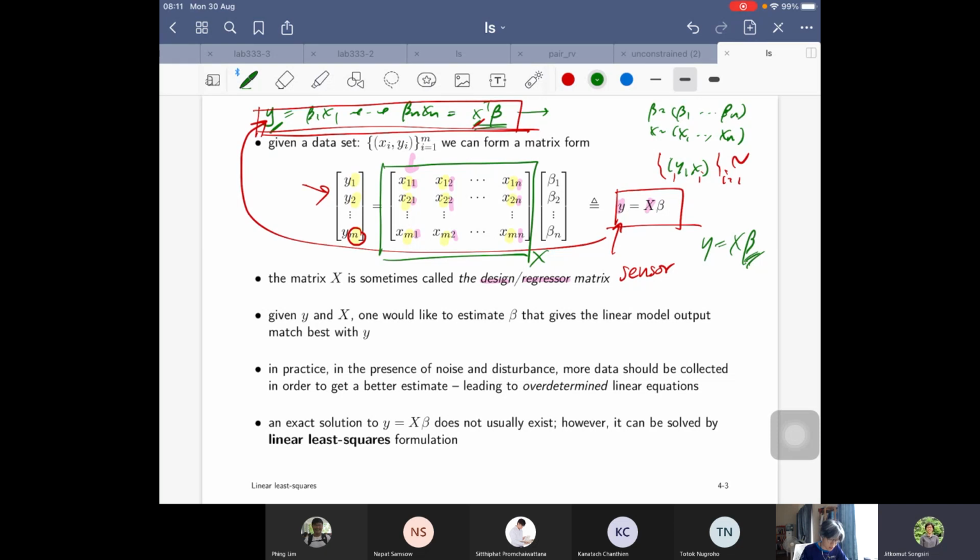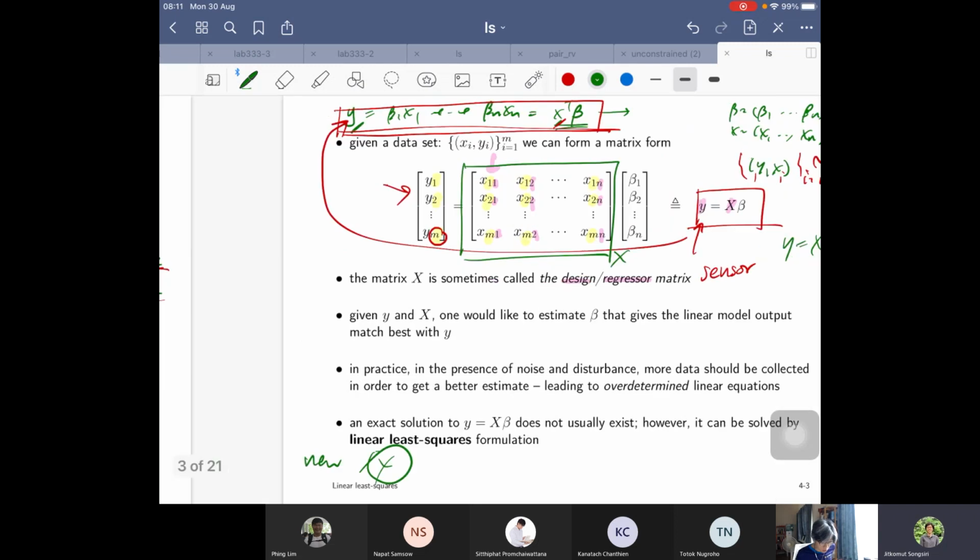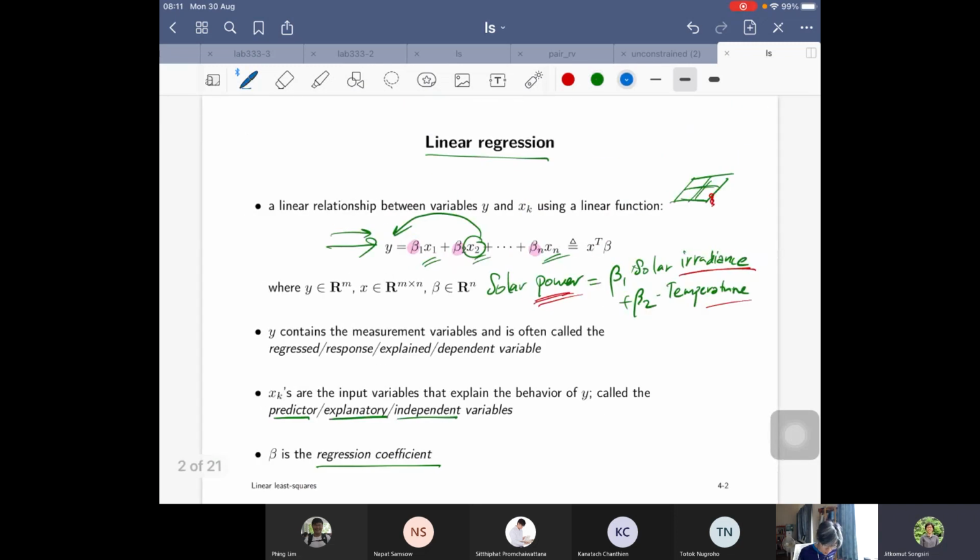If you have beta, of course, in the future, when you observe new X, new predictor variables, for example, the values of solar irradiance and temperature at another time, you can predict how much power would be generated from the solar cell.